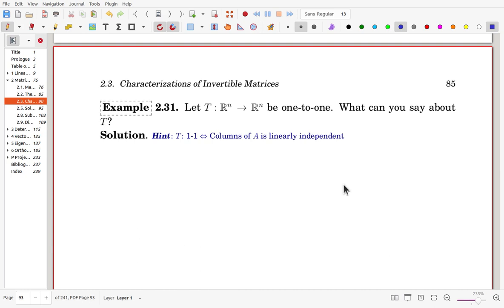If the linear transformation is 1-to-1, then for its standard matrix A, 1-to-1 means the columns of A are linearly independent, and also the matrix multiplication will be 1-to-1 and onto, and the system Ax equals b always has a unique solution, and so on.